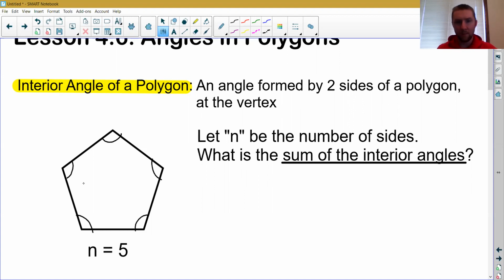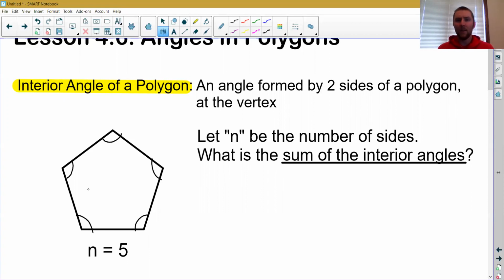So I'm going to let n, lowercase n, be the number of sides, n for number of sides. I'm going to show you where this little formula comes from, and then I'll tell you what that formula is to allow us to find the sum total of all the interior angles. In this case, it would be these 5 angle measures all added up together.